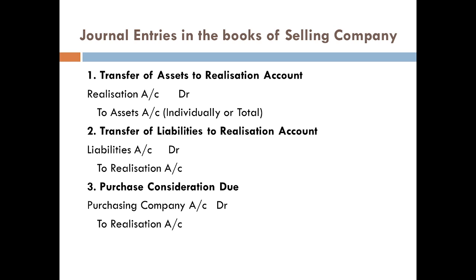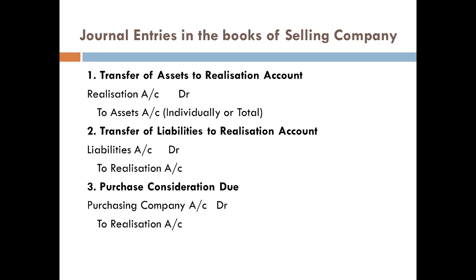The journal entry is purchasing company account debtor, the buying company, the other company. Who is going to give me the money? The purchasing company. So purchasing company account debtor to realization account. So first I make it due, then we will record the actual receipt of purchase consideration.